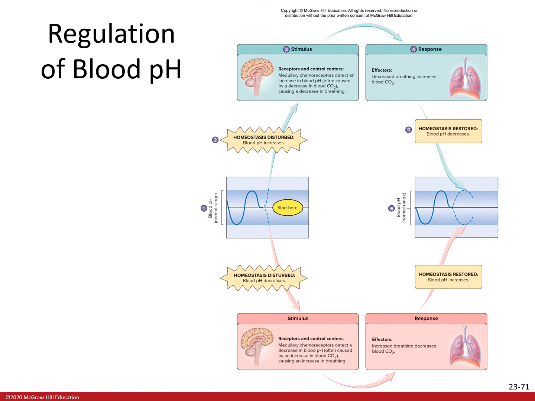The sixth step is blood pH returns to its normal range and homeostasis is maintained. What I want you to do is observe the responses to a decrease in blood pH by following those red arrows. So it's kind of a cool little diagram showing you that regulation of blood pH, as it increases or decreases and how the body will respond.